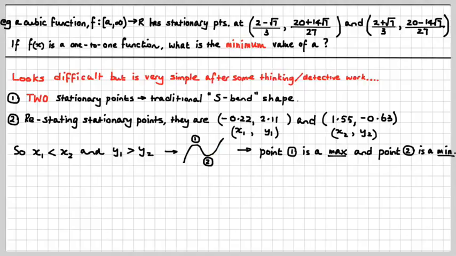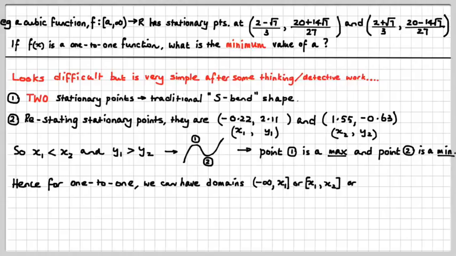That is the minimum value of a possible. Hooray! Yes. So therefore, for a one-to-one function, in general you can have domains from minus infinity up to and including x1. You can have from x1 to x2 inclusive, or you can go from x2 inclusive up to positive infinity.